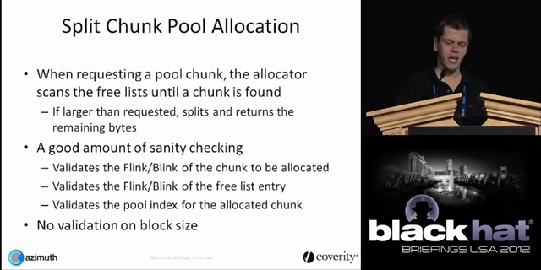There's a good amount of sanity checking in this case. It checks all the F links and B links of all the lists. It even validates the pool index, so you cannot pull any pool index attacks. But there's no validation on the block size.